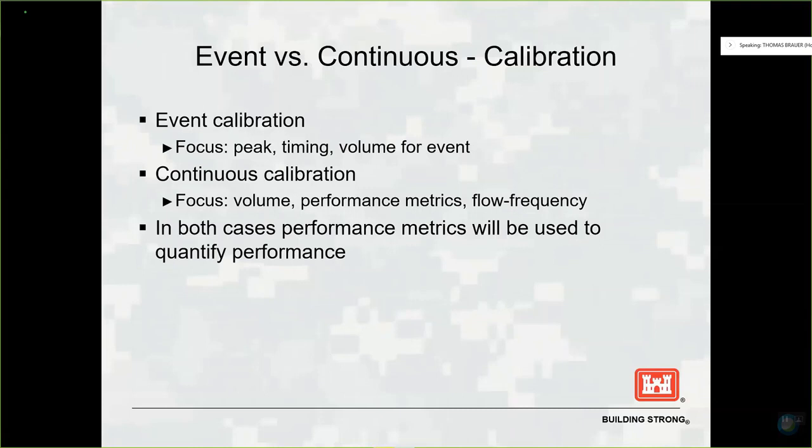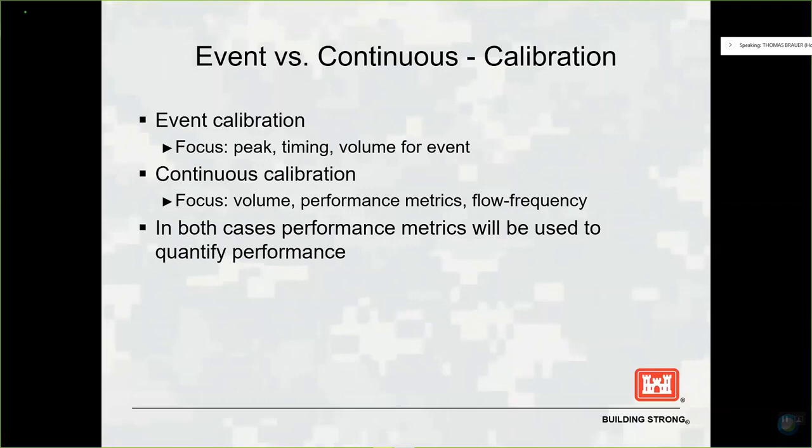And so with event calibrations, these are usually focusing on the peak. What is the peak amount? Emily's going to show these. The timing, like what is the timing of the peak? And then the volume for the event.